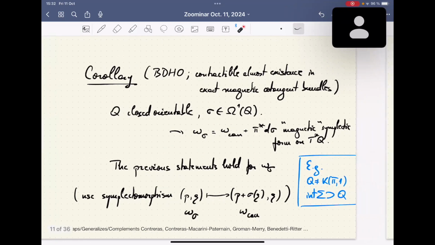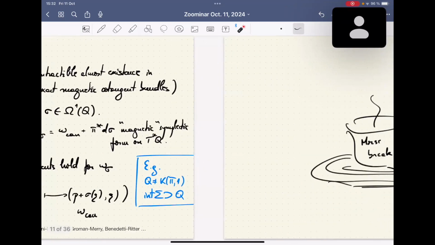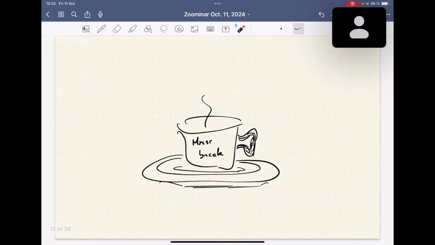So these are the results, and we can take a small break so that you can ask questions if you have any, before I go on to explaining the construction of Morse homology with differential graded coefficients.